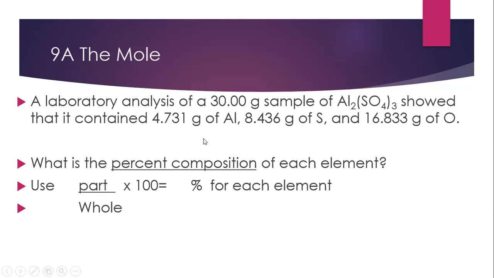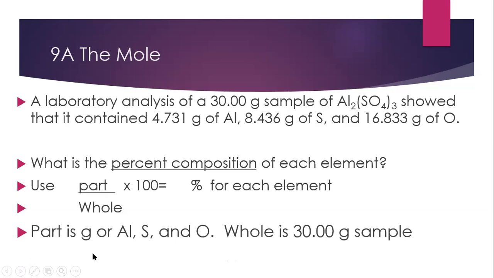But again, there are 3 elements in this sample, so you could actually calculate 2 of them, and then the percentage would be out of 100%, and whatever's left over, you could put for oxygen, or just do the calculation 3 times.